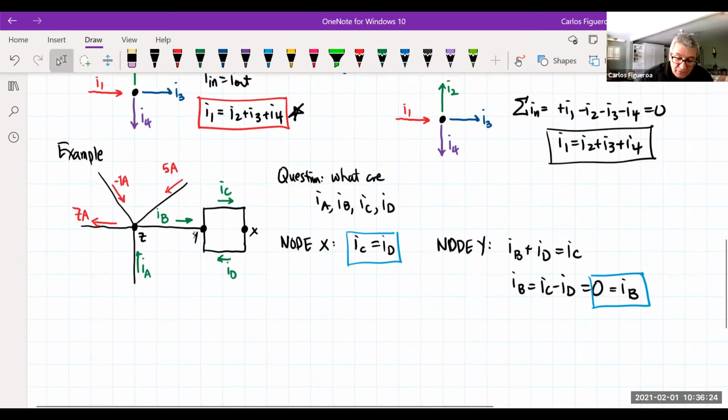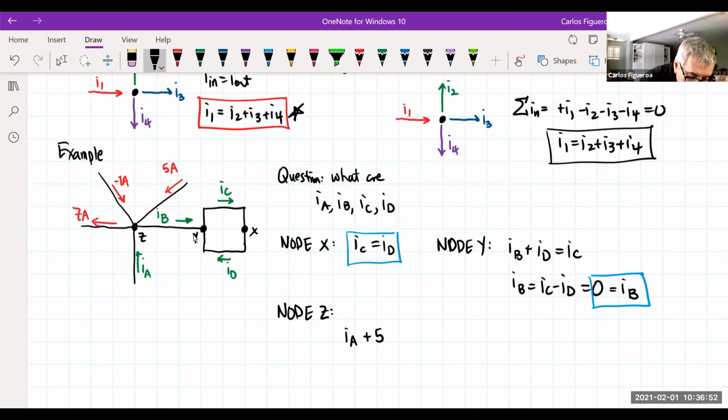Now let's go look at node Z. Here we already know that IB is 0. So now I'm going to look at the same thing: all of the currents in must equal all of the currents out. So what's in here? Well, in is IA. What else is in? I've got 5. But look at that -1. It looks like it's coming in, but if I switch sign, it's actually going back out.